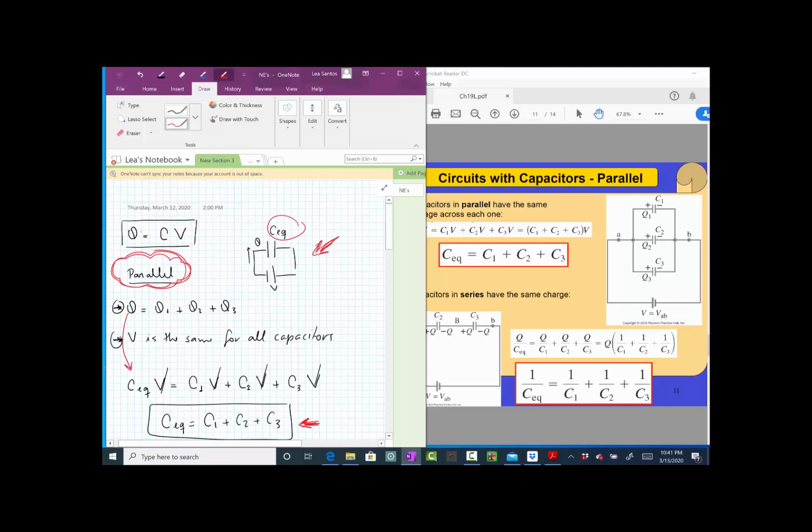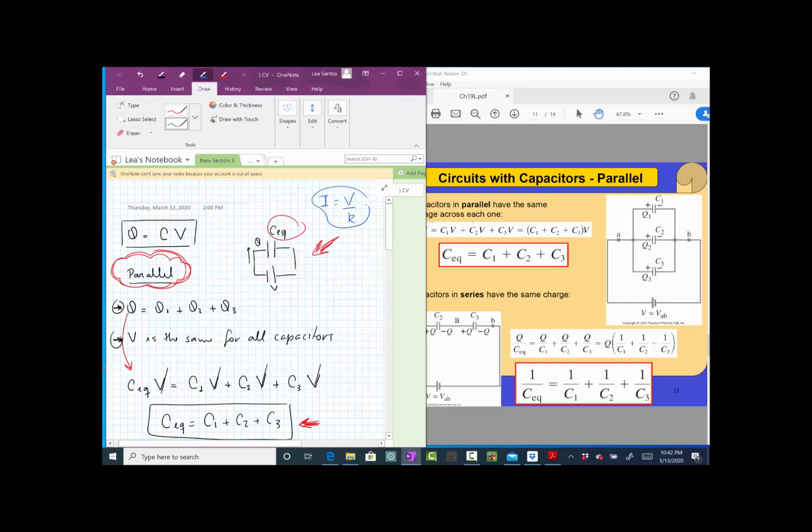Because, look, in the case of capacitors, we have Q is CV. In the case of current, when we are talking about Ohm's law, what we had is that I is V over R. So that's what changes these equations.